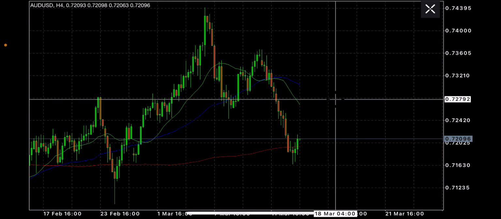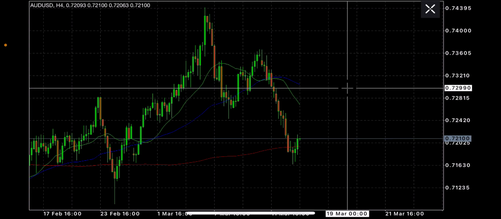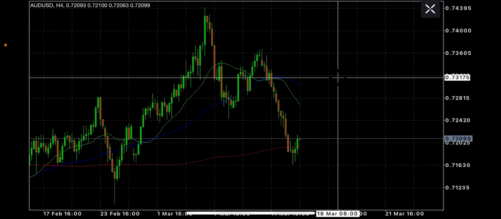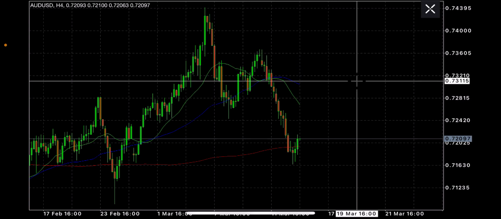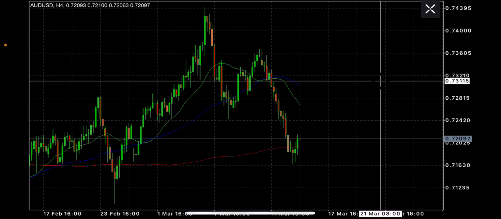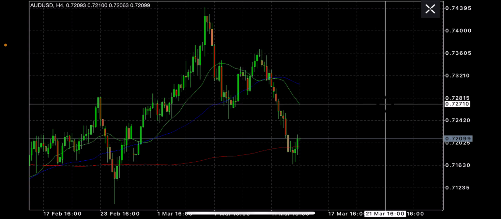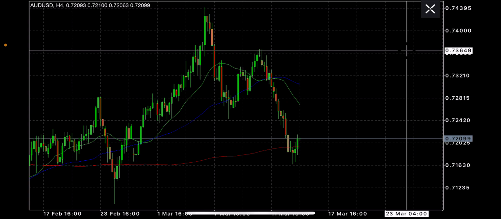Now we may start to get a little hesitant once we get back in this area here, or this area here, where we may start to range out, go down slightly, just before we start to pick back up. Now, can we have a price turnover?